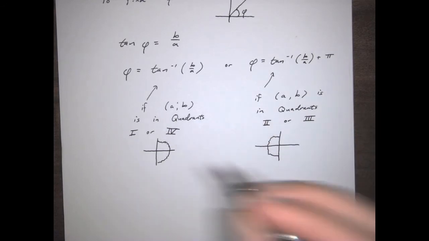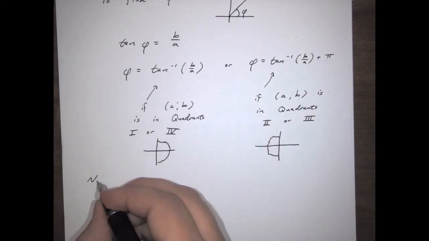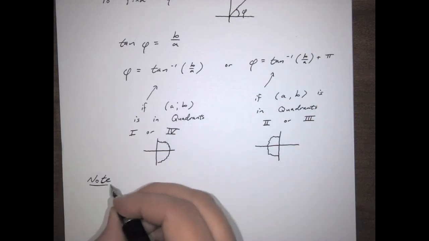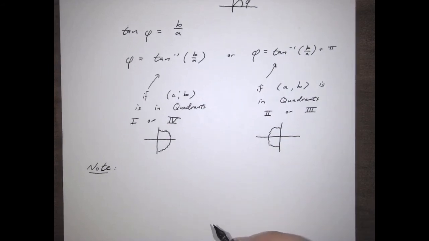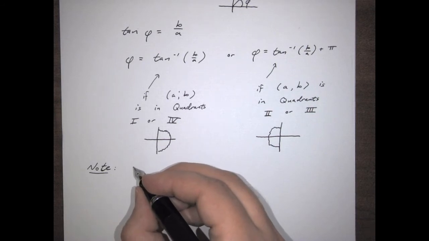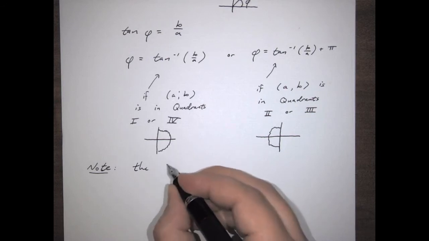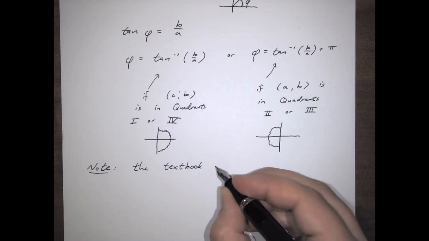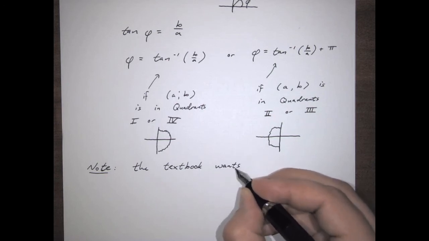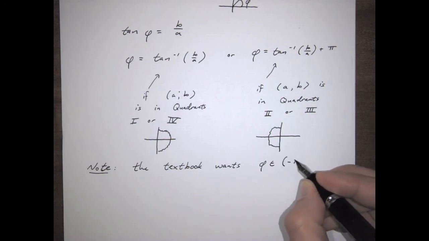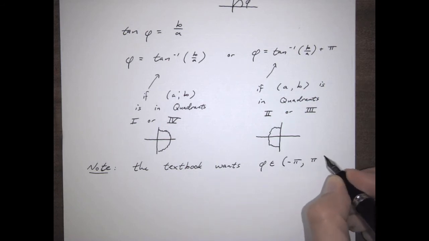But this is how we find the r and the phi. And a note, in your textbook at least, it wants you to find the phi that is specifically between negative pi and pi. So the textbook wants phi that's in between negative pi and positive pi.